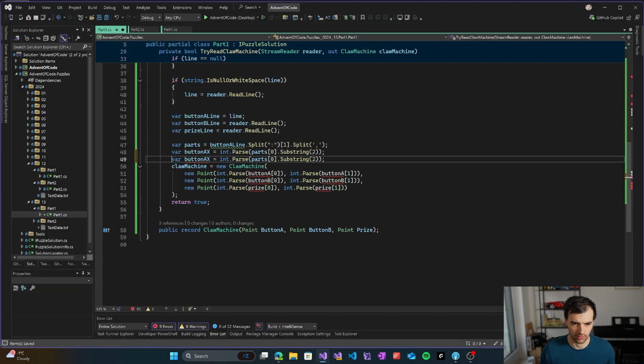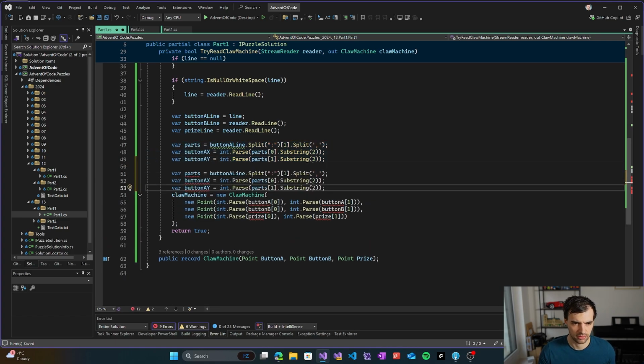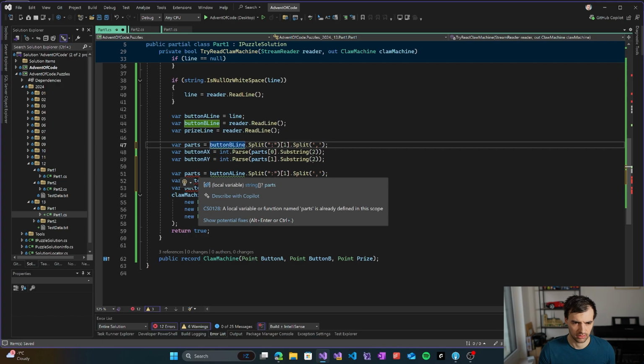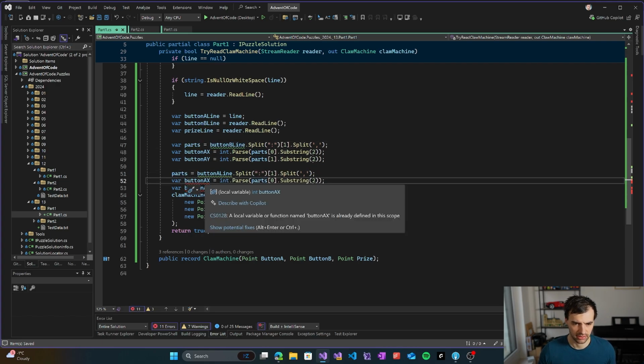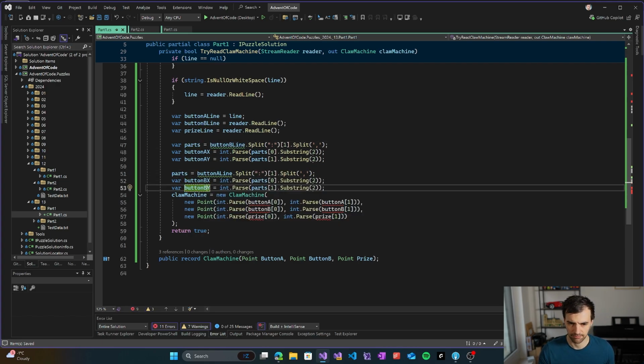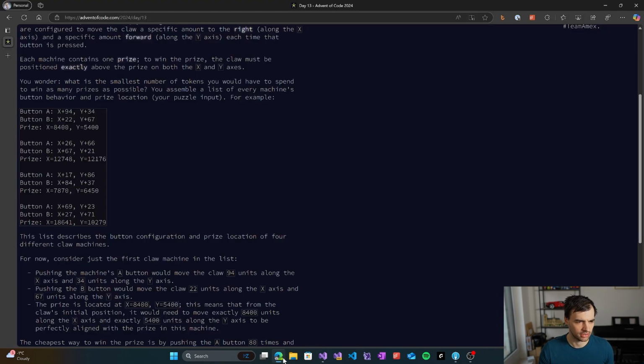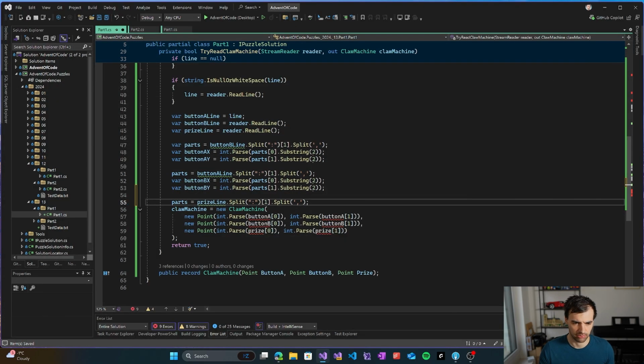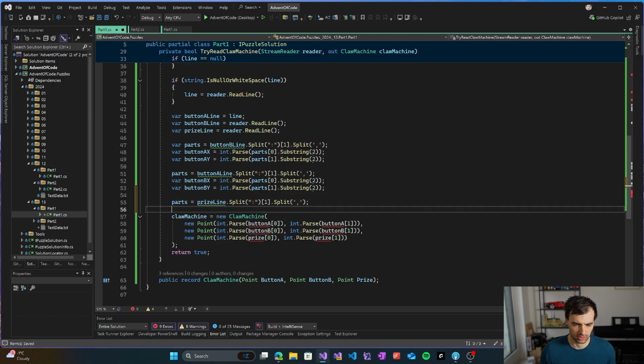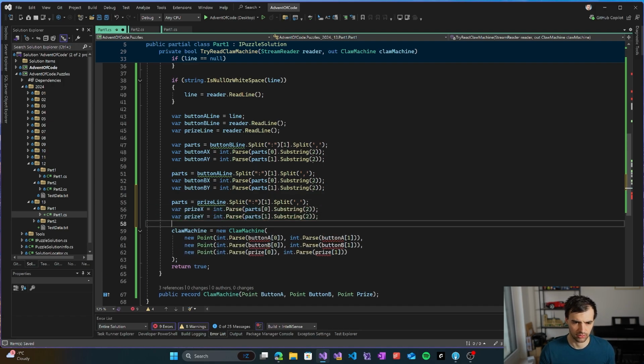The same thing for Y. Now we do the same thing for the button B line, just reusing the parts there, BX, BY. Finally, the price will be basically the same thing. So the price line, and we have price X, price Y, and we get all the inputs.